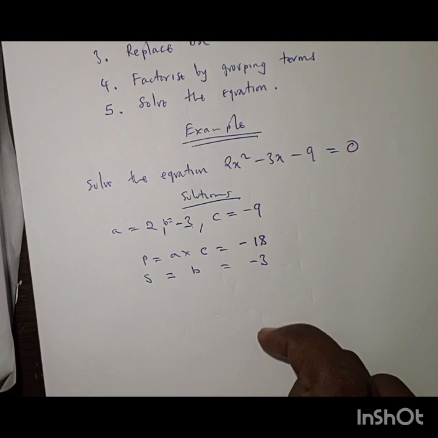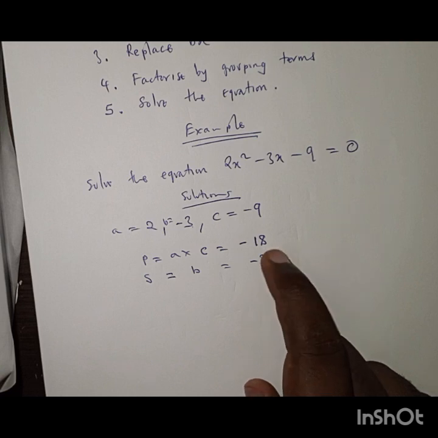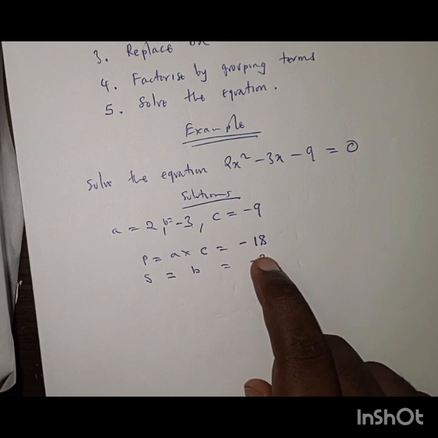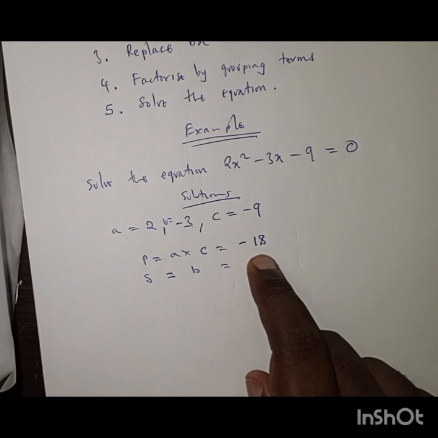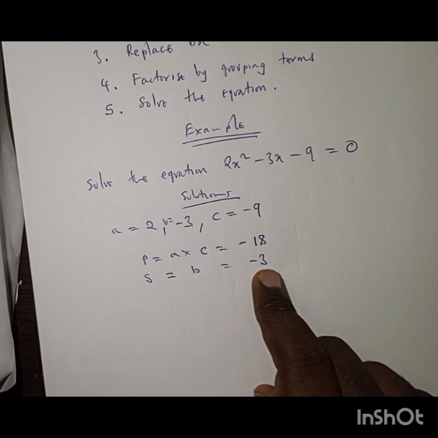The easiest way is to look for the two numbers you can multiply to get 18. 1 times 18 is 18, but can the sum give you -3? No, because even 1 minus 18 or -1 plus 18 cannot give you -3.